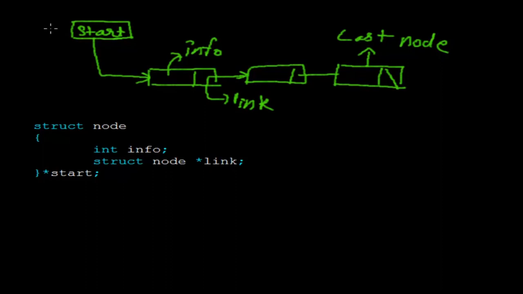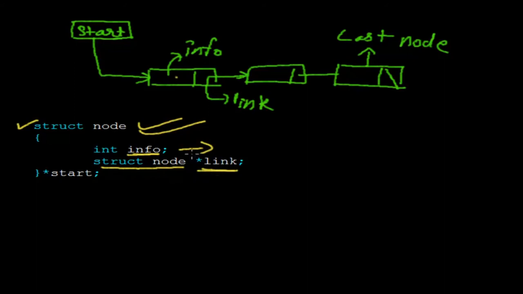Now this linked list can be represented programmatically with the help of this kind of structure. In this structure we have an info part which will store the information of a particular node in this variable, and the link part of a node is of struct type, as the link is for a node and a node is represented by this structure, so we are declaring it as struct node star link.